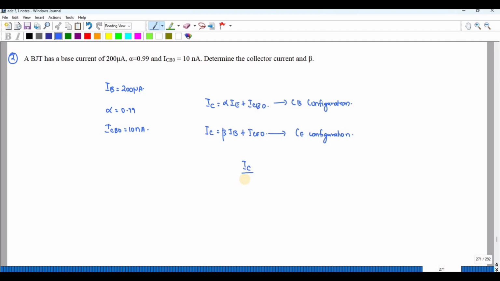So what is IC by IE? IC by IE is equal to alpha. What is IC by IB? IC by IB is nothing but beta.